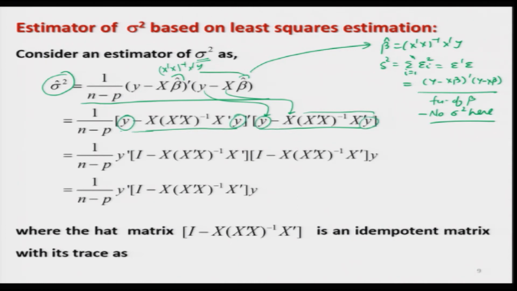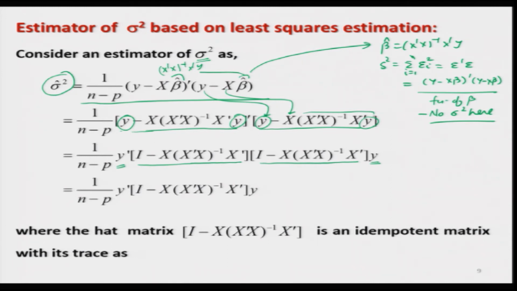So, I can write it like this: y transpose and y, and the quantity inside the two brackets is simply I minus X (X transpose X) whole inverse X transpose, and I minus X (X transpose X) whole inverse X transpose.